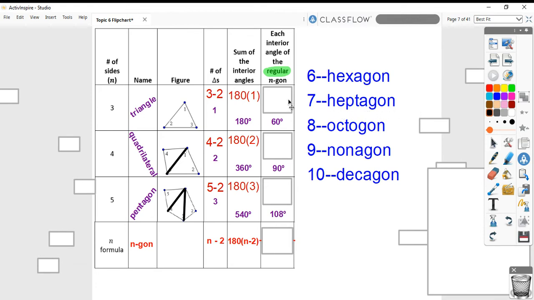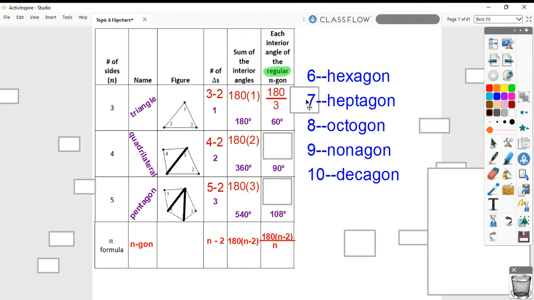And that means we are taking however many degrees are in this column and dividing it up evenly between all of the angles. We're taking the number from here, 180 times n minus 2, and dividing it by the number of angles. We're dividing it by n. Okay, that's your formula. That's how we ended up with 60 up here.